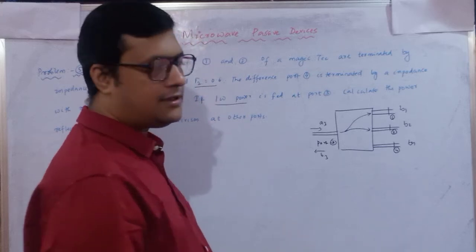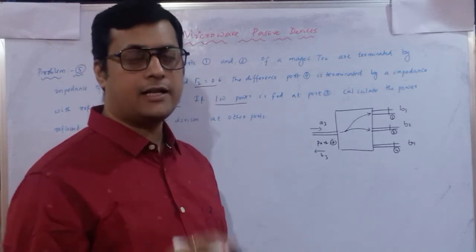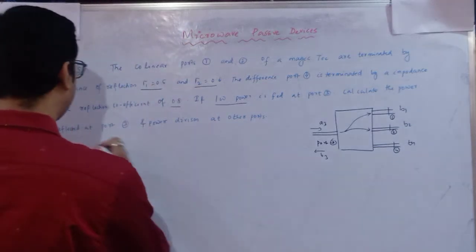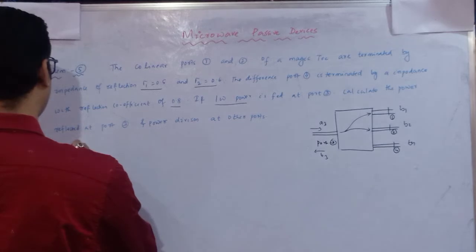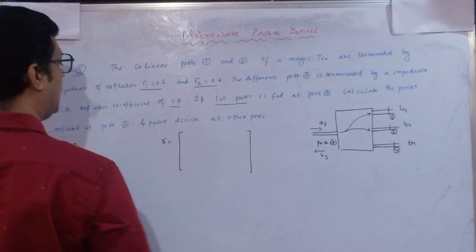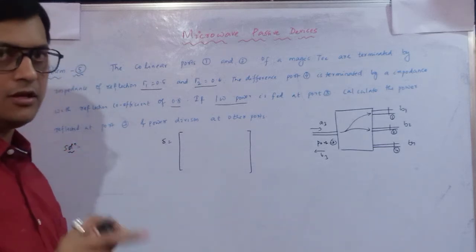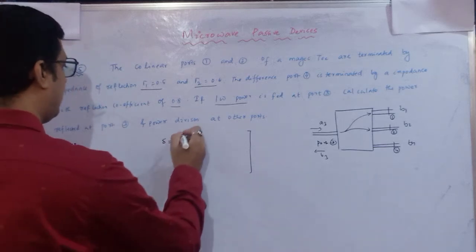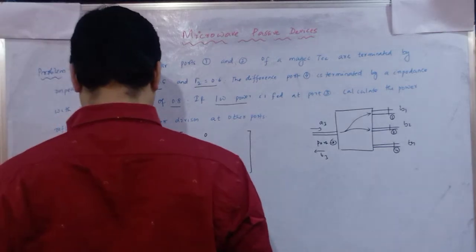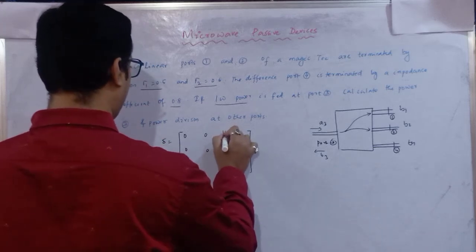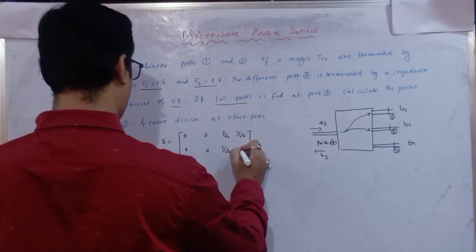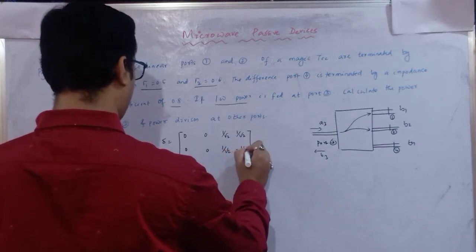So how to calculate this? We have to identify the S matrix for the given situation. The S matrix for the Magic T, in which the power is fed at port 3, not at port 4. These components are 0, then it is 1 by root 2, this is also 1 by root 2, and this is minus 1 by root 2.